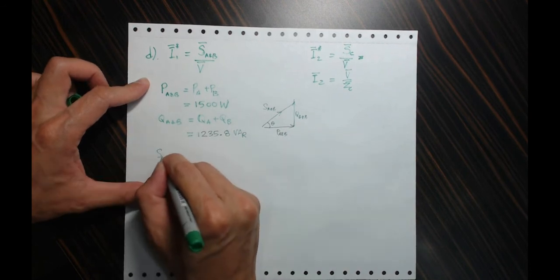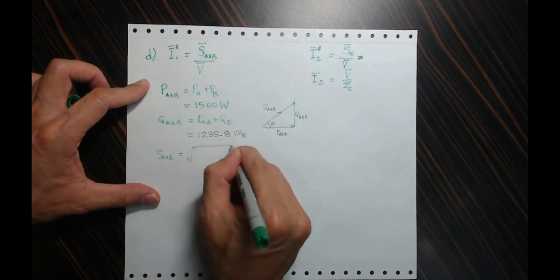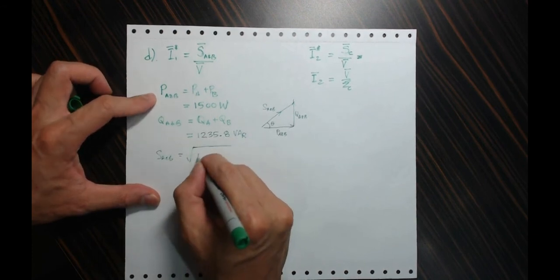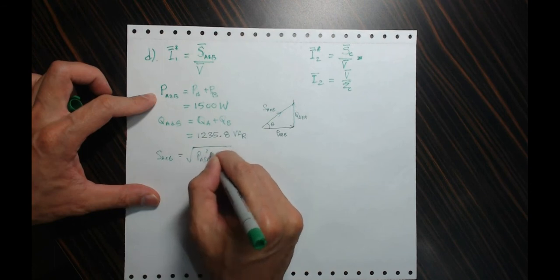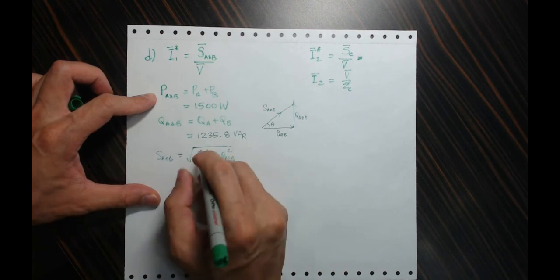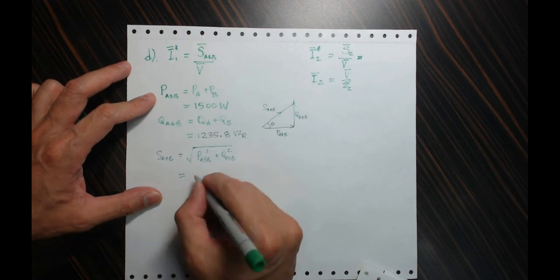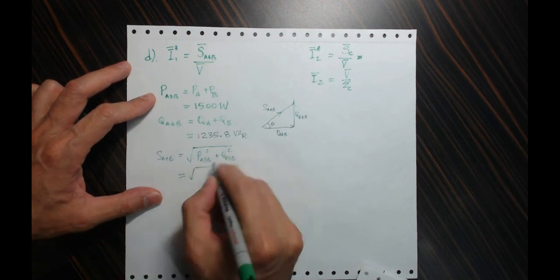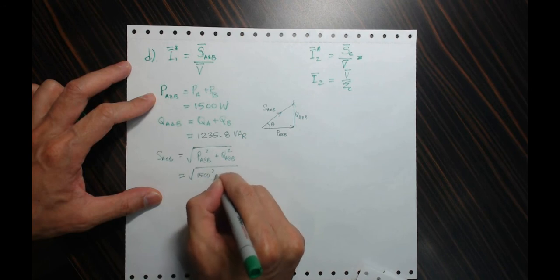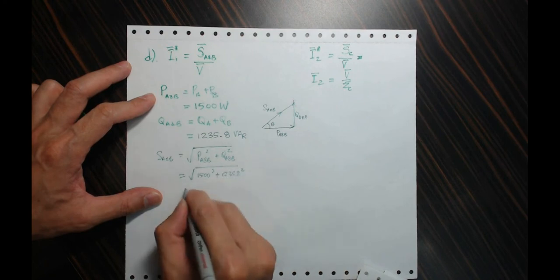S, A, and B can be determined from the square root of PAB square plus QAB square. That gives me the square root of 1500 square plus 1235.8 square.